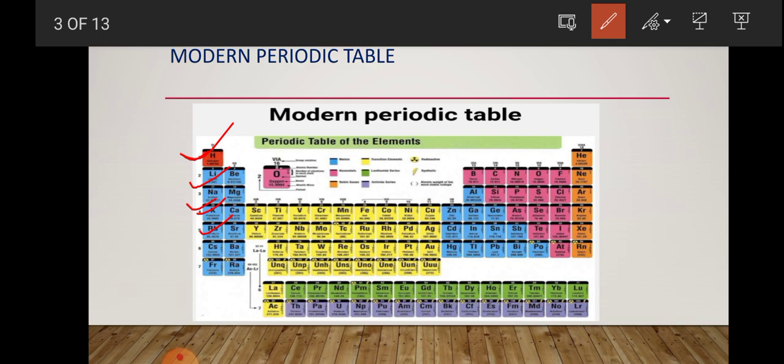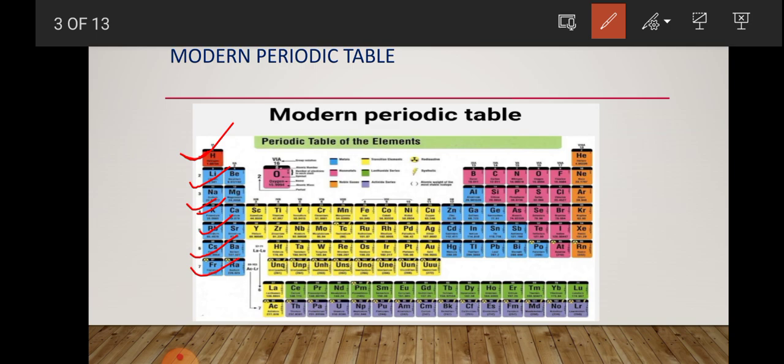On the other hand, the 6th and 7th periods both contain 32 elements and they are called very long periods.